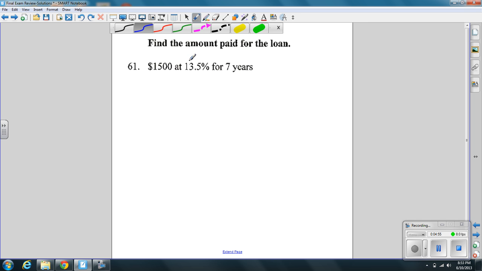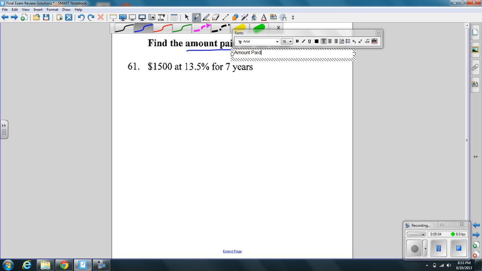All right, find the amount paid for the loan. Remember, the amount paid is the total loan amount, the loan amount plus the interest.